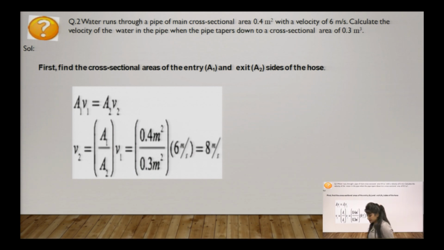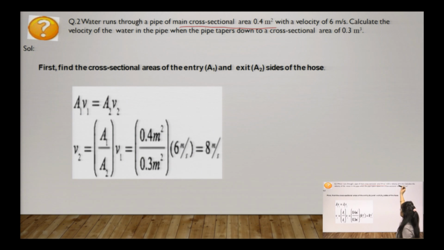Next numerical. We are not supposed to study much of the numerical portion, but it is about how the application of this continuity equation can be achieved. Water runs through a pipe of main cross sectional area 0.4 meter square.